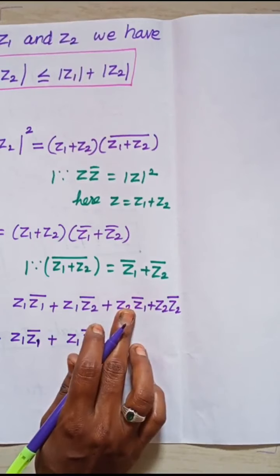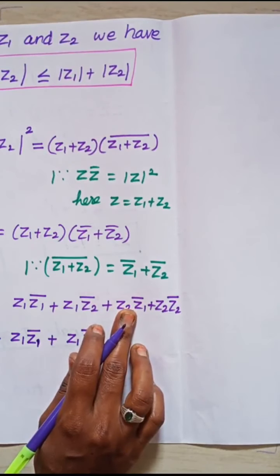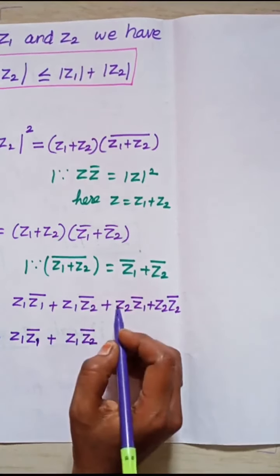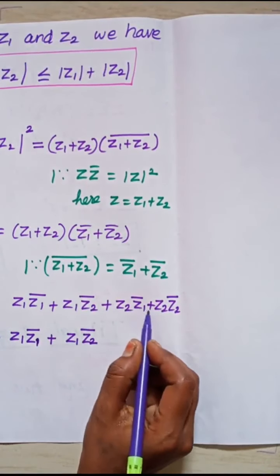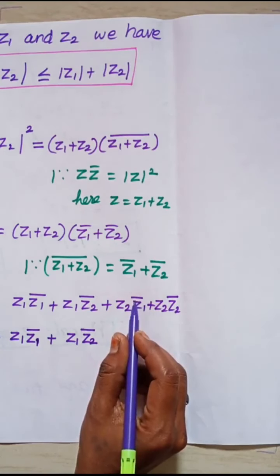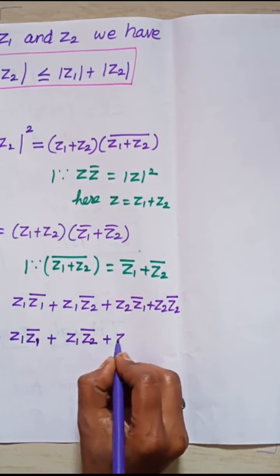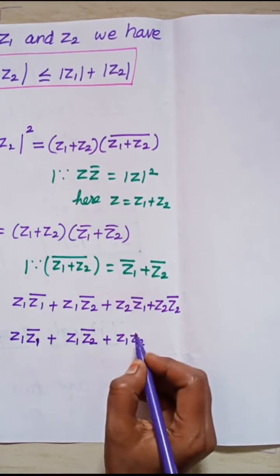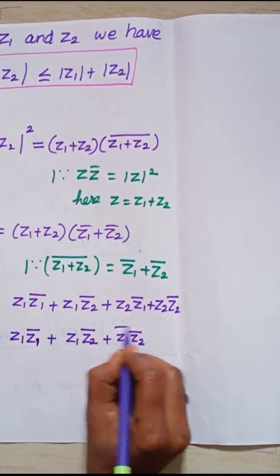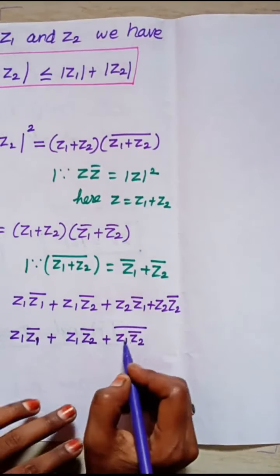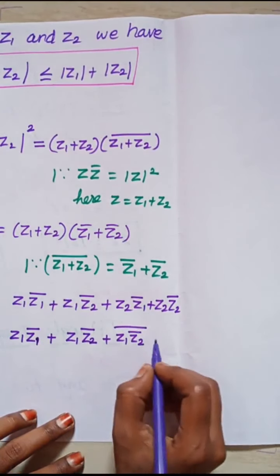Consider this term only, listen carefully. Here z2 z1 bar we can write as z1 z2 bar the whole bar.